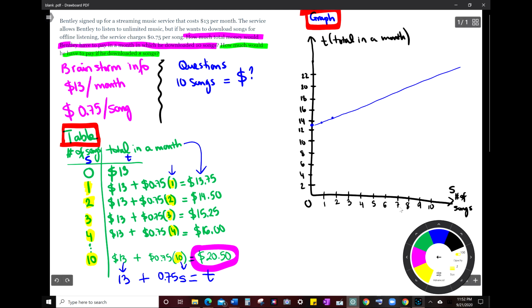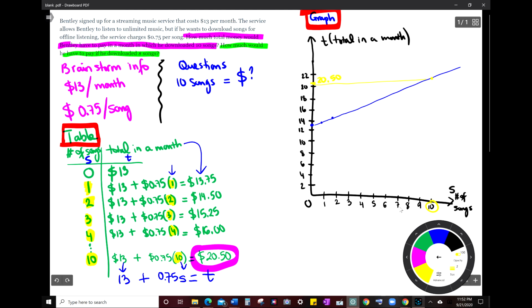And when I have about 2 or 3 points already, if I do it right on paper, they should all line up, and I can figure out the cost of 10 songs easily on the graph by looking for 10 songs right here, looking for the point, and then looking across. So the cost is right here, which is up at 20 and 50 cents.